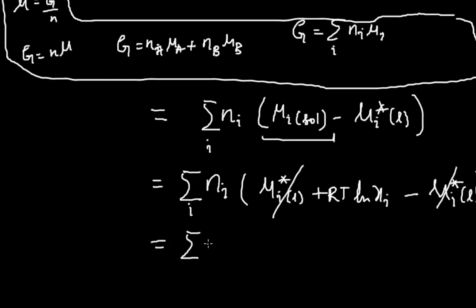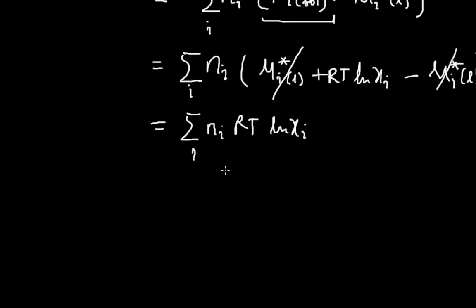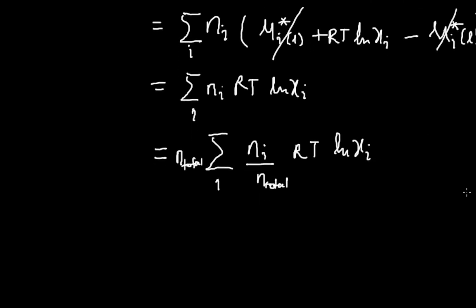Now what you are left with is the sum of Ni RT ln xi. I can rewrite this as n total times the sum of Ni divided by n total times RT ln xi, which is n total times the sum of xi RT ln xi.